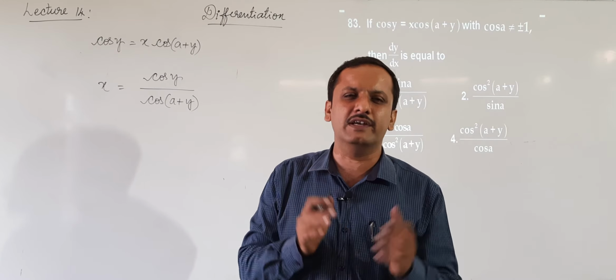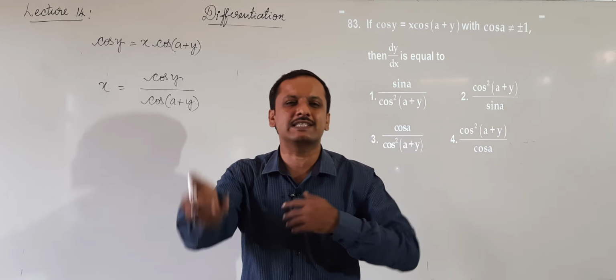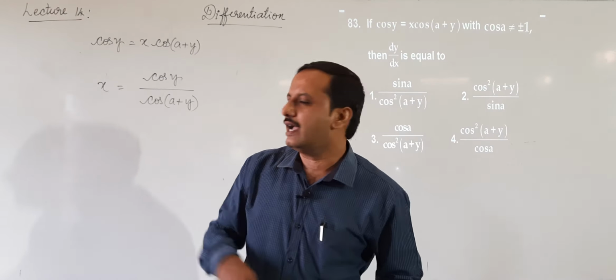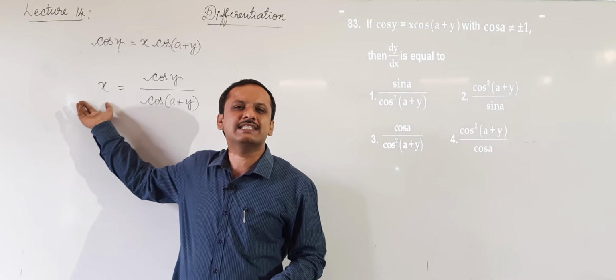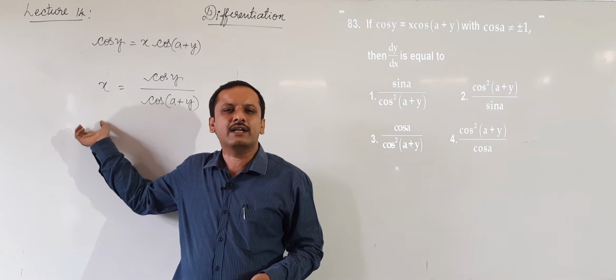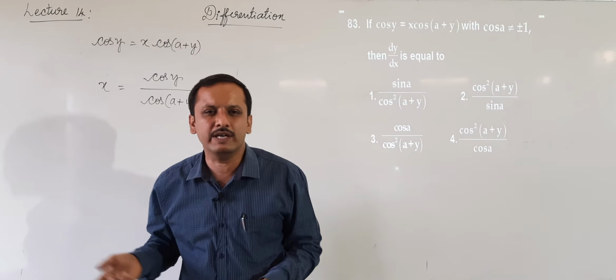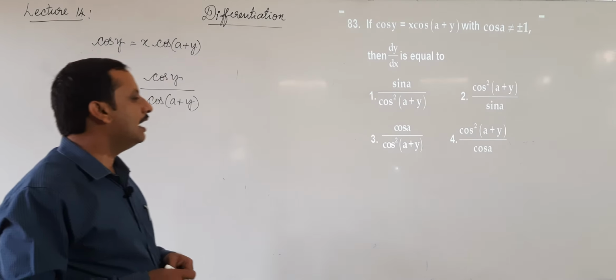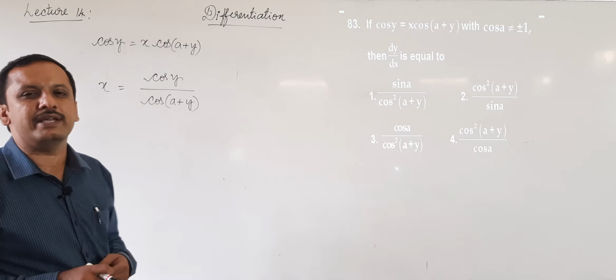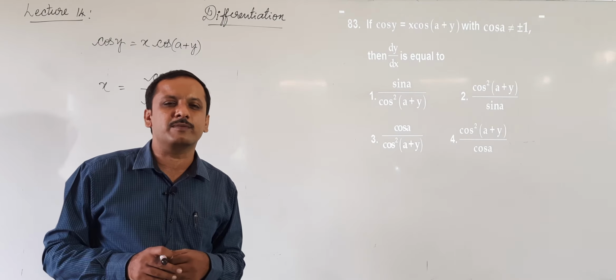That will give us dx by dy, and finally I will take its reciprocal, which gives dy by dx, which is what we want, and that answer will obviously be in terms of y only, not in terms of x.